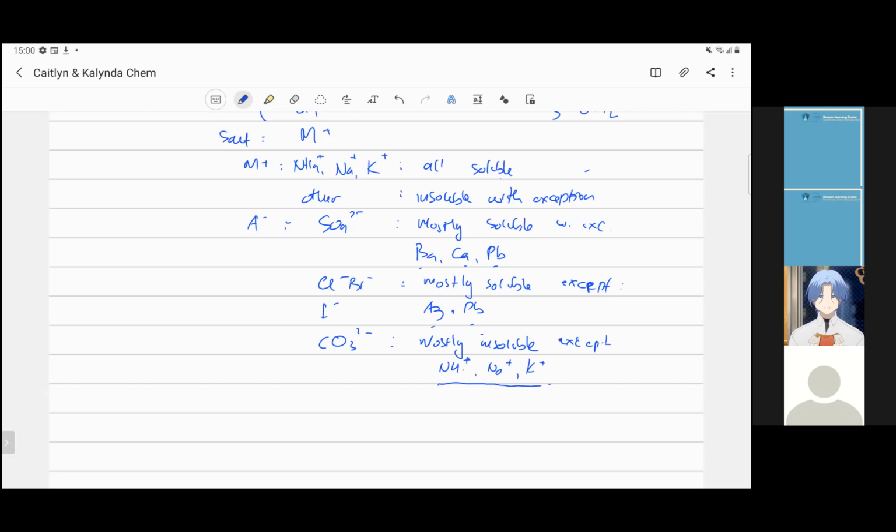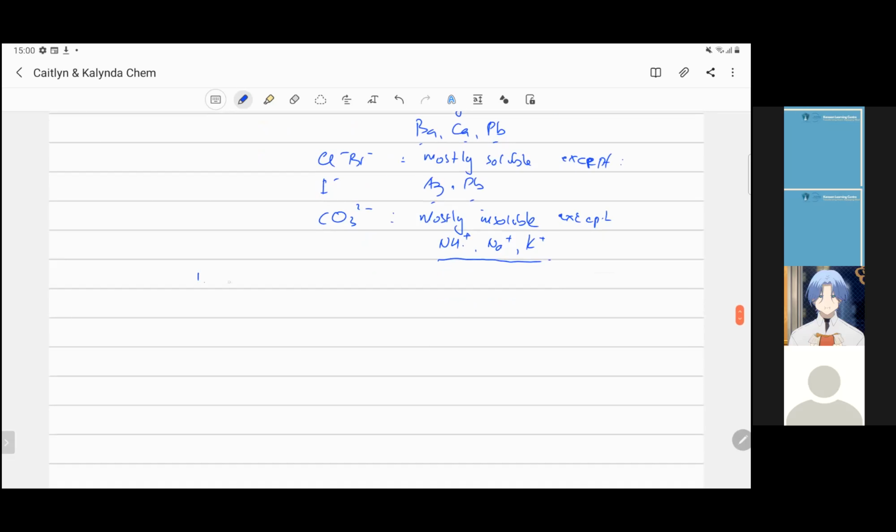Okay, so how do we classify whether something is going to be soluble or not? First, check the metal part. If they are ammonium, sodium, or potassium, they are all soluble. No need to ask about the cation. Second, check the anion part.